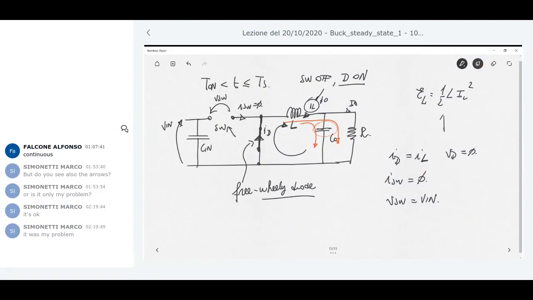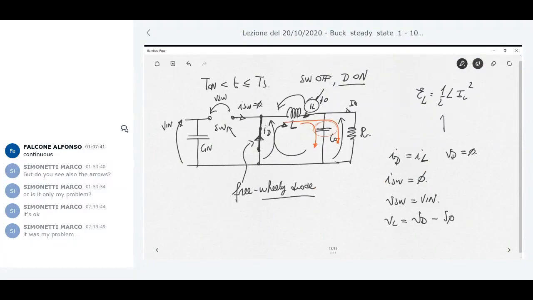Now, the voltage across the inductance. The voltage across the inductance now is the voltage across the diode minus the voltage at the output. Okay, simple Kirchhoff law on this mesh: the voltage across the diode minus the voltage across the output.